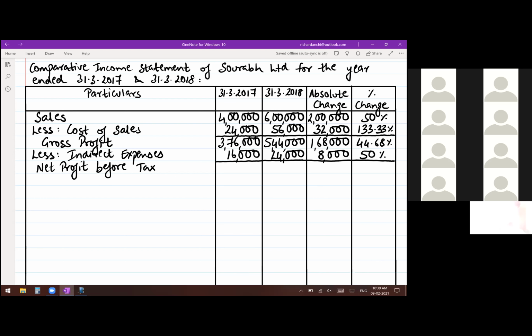So 376 minus 16 for the first column. What is net profit before tax? 3,60,000. Next, second column. Deduct and tell me.